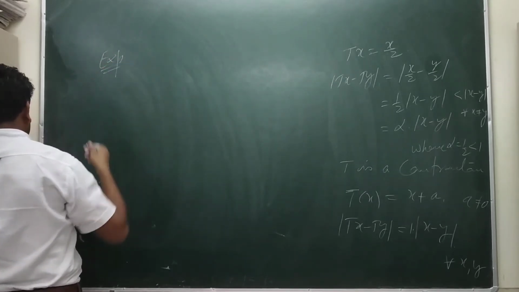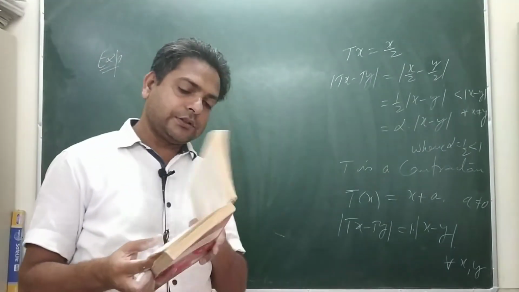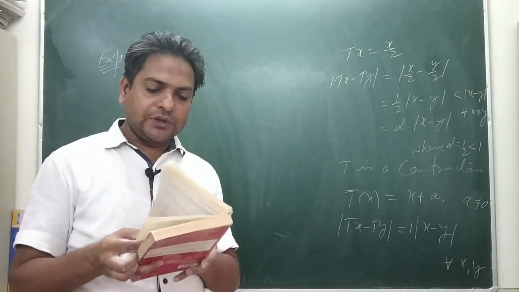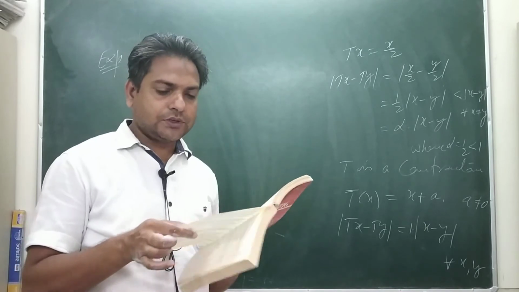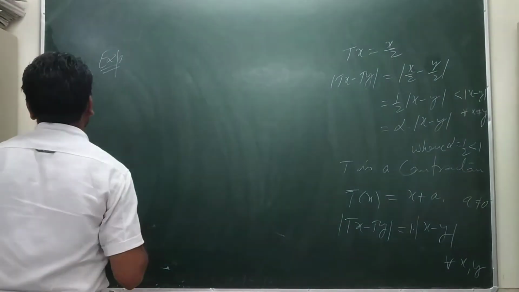Basically, this is one of the exercises from the book by Krasnoselskii. On page number 304, this is exercise number 4.